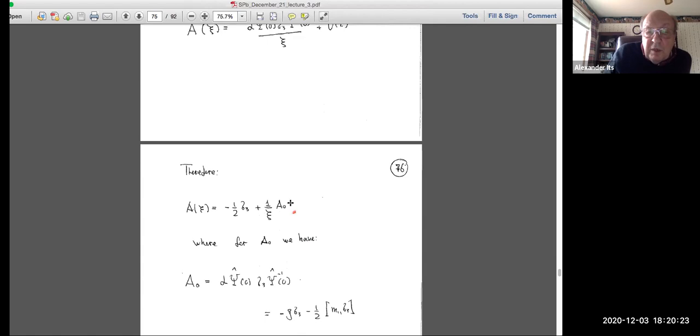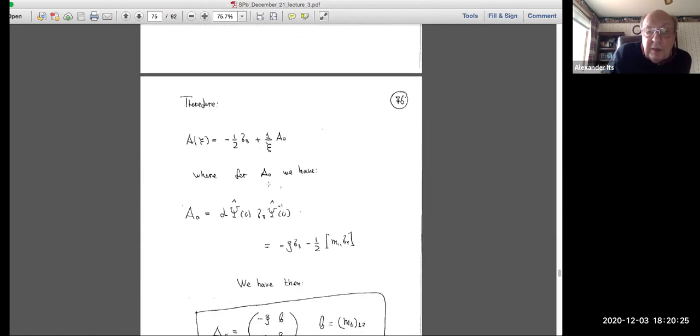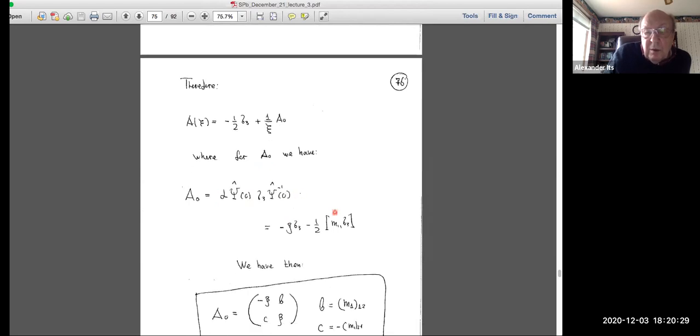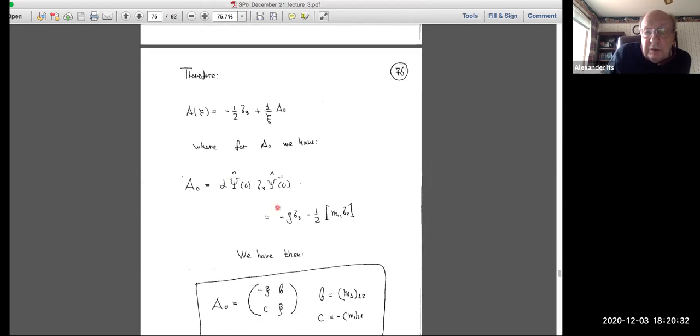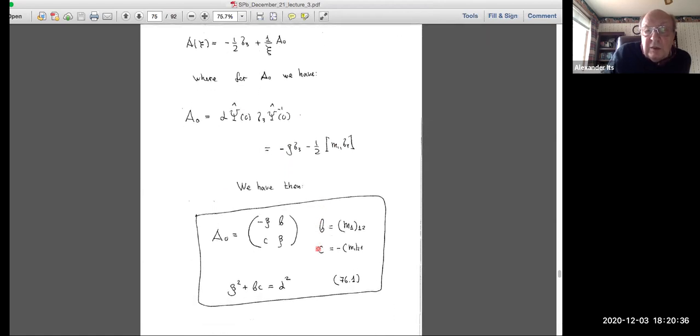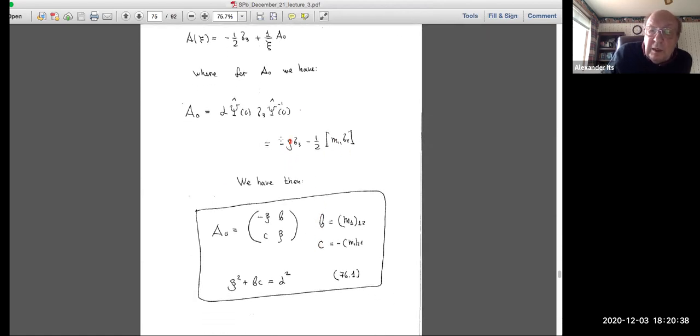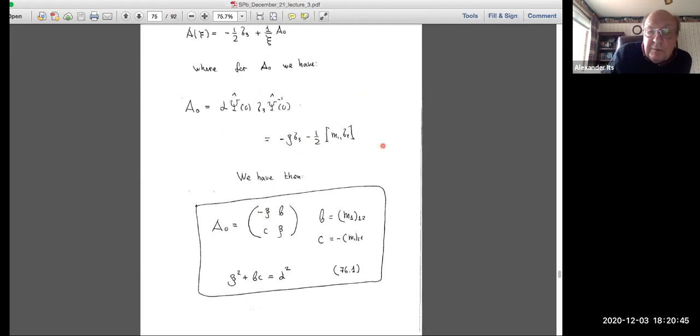And moreover, for A naught, I can either describe it in this way, from the expansion at 0, or like that, from the expansion at infinity. In any case, in particular from here, I see the diagonal part of A is minus beta, beta, because this thing does not have a diagonal part.